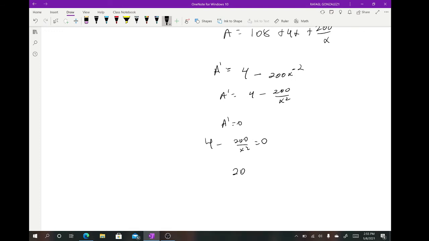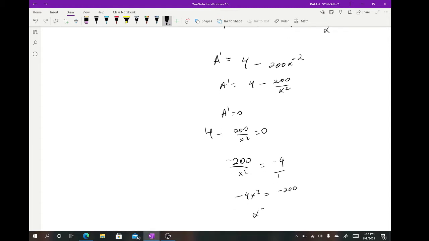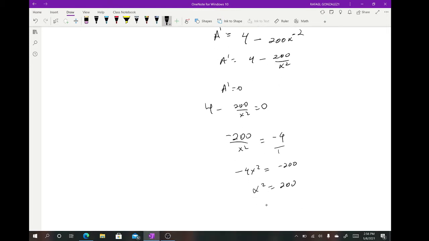So that means that we have negative 200 over x squared is equal to negative 4 by moving the 4 to the other side. We could cross multiply here, so we'll have negative 4x squared is equal to negative 200, which means that x squared is equal to 200. And then when you take the square root of that, you're going to have x is equal to plus or minus square root of 200.